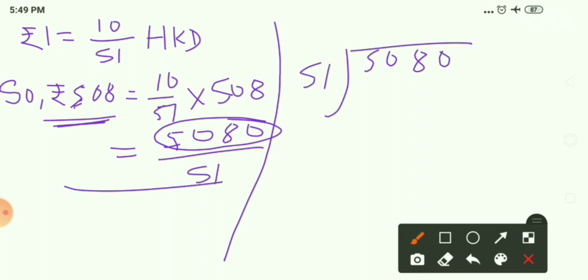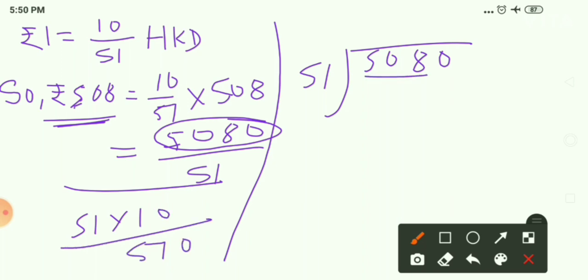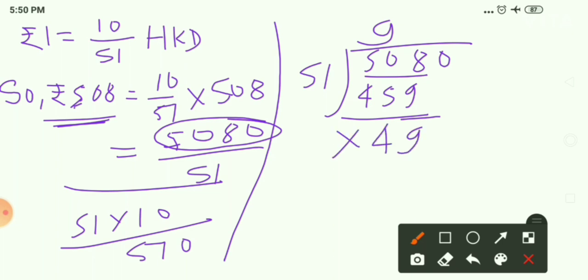As you all know that 51 tens will be 510. So the first 3 digits are 508, so we can divide by 9 easily, because 10 would be 510, which is more than 508. So 51 nines we will get 459. Subtract it, we will get 49, and here we will get 9. Bring down 0, so we will get 490.